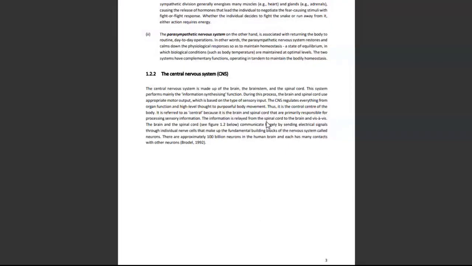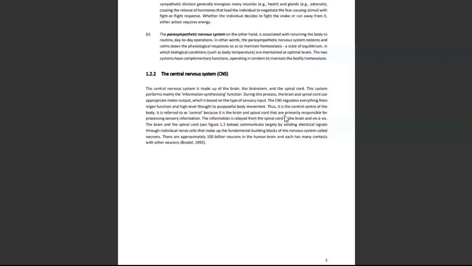The information does not go straight to the spinal cord. It starts from your senses, then goes via your neurons to the spinal cord, then to the brain. Clear? I touch you, it goes via the nerves, the neurons, to the spinal cord. From the spinal cord, it goes to your brain. Hence, they say the information is relayed from the spinal cord to the brain.